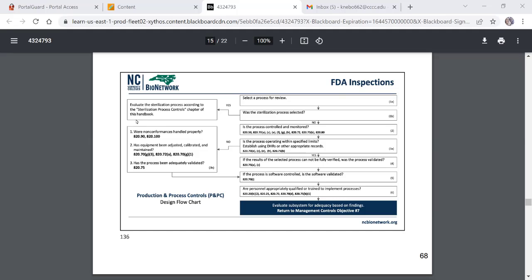If it's no, you keep going down, but if it's yes, then we need to evaluate the sterilization process according to the sterilization process controls chapter of the handbook. So this kind of just gives a high-level overview on questions to ask and then what to review and what not to review. I'm not going to go into too much detail, but you can go through the slides to get an idea of what this is about.